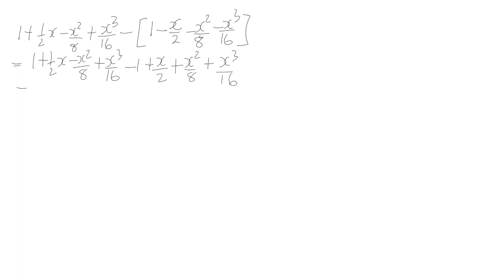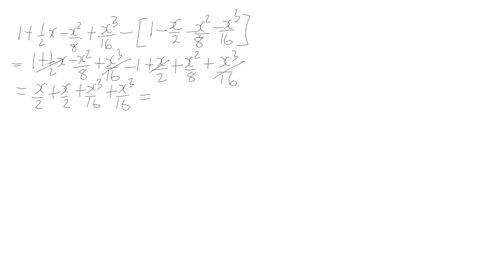Okay, so let's simplify this. The x squared and x squared cancel, and then x over 2 plus x over 2, so those two are done. And then it's x cubed over 16 plus x cubed over 16. And then what else do we have? 1 minus 1, that's gone.